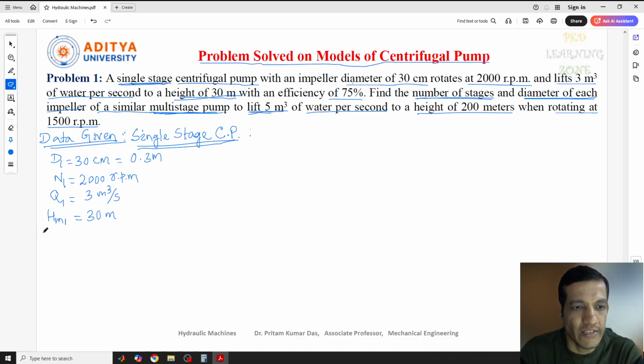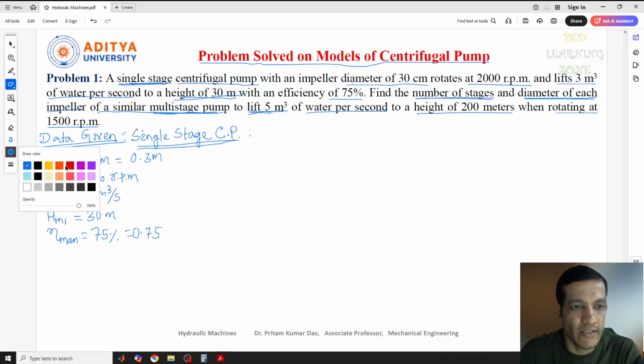Here the efficiency is the manometric efficiency, so we can write it as 75%, that is 0.75. These are the data given for the single stage centrifugal pump.